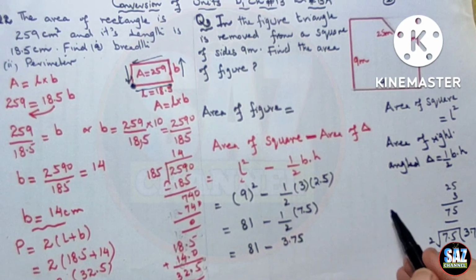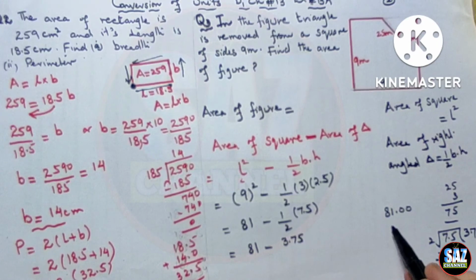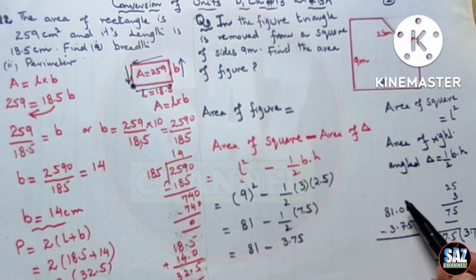Okay, now I have to subtract 3.75 from 81. So what I can do is place 2 zeros after the decimal, and then 3.75 minus. Now I cannot take away 75 from 0.